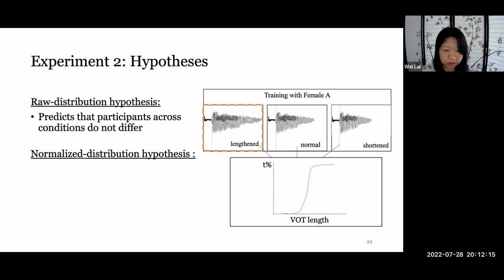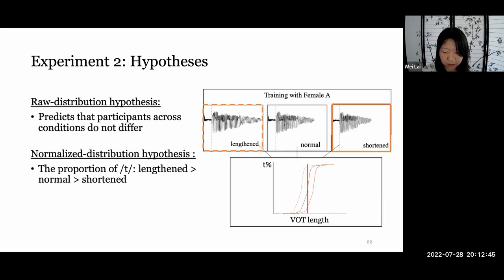And this exposure will lower participants' threshold of identifying T on the VOT continuum and make them report more T. Similarly, participants in the shortened condition will hear shorter contextual speech, which entails relatively longer voice onset time. And this exposure will increase listeners' threshold of identifying T, making them report fewer T. So to summarize, the normalized distribution hypothesis would predict the ranking of T response rate to be lengthened greater than normal, greater than shortened.